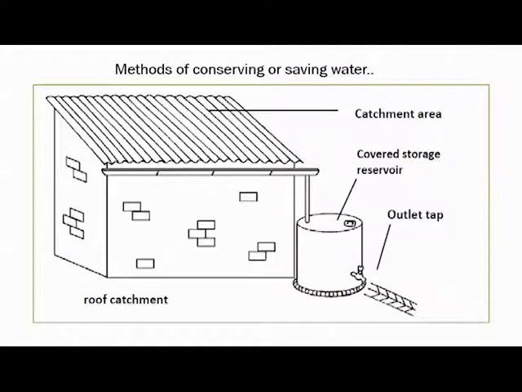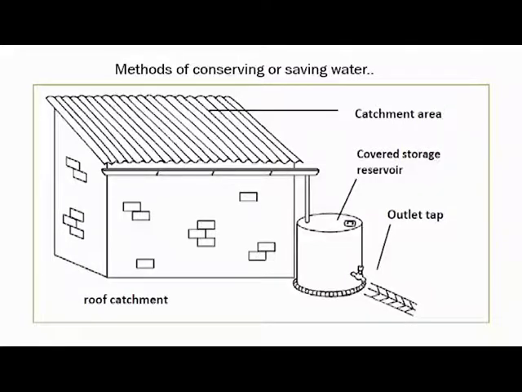And then from the gutter, there is a tank which is also connected to the main reservoir, which is the tank or covered storage, where the water from the roof mostly accumulates. The reservoir also has an outlet tap, which allows the water to be released or collected for household consumption, or for irrigation or agricultural production purposes.